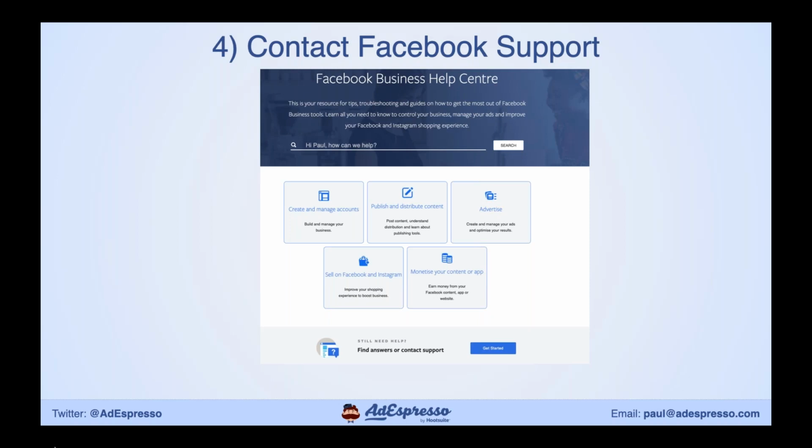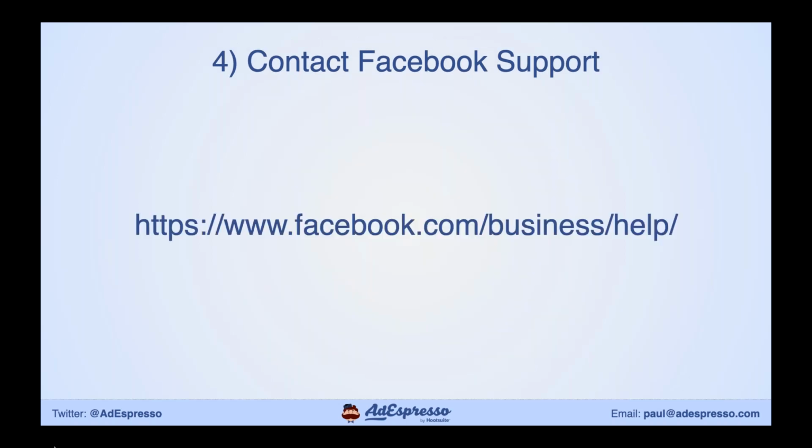There doesn't seem to be any rhyme or reason to it. So all I can suggest is go to facebook.com/business/help, or again, you can just Google Facebook business support, see what's there. Sometimes you've got to click through 2 or 3 options and you find like a live chat option or some contact option. So contact Facebook.